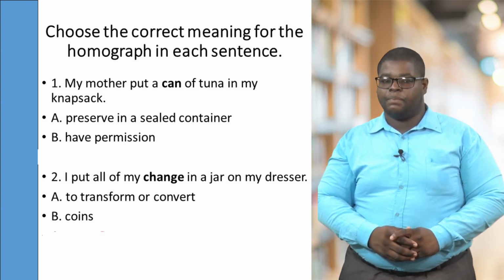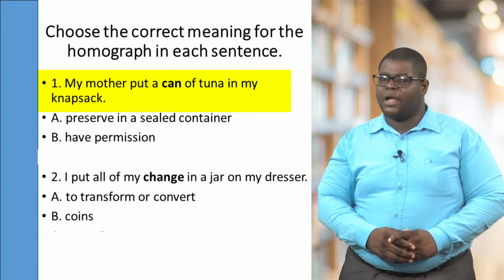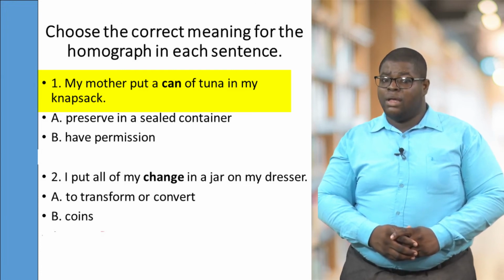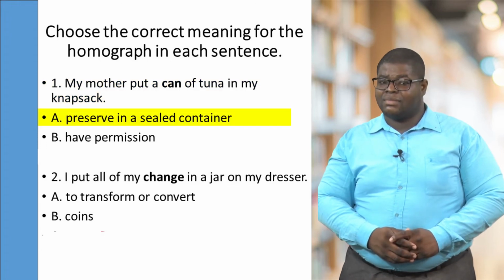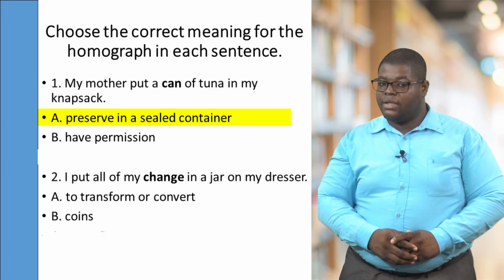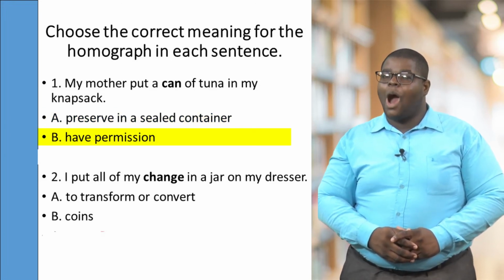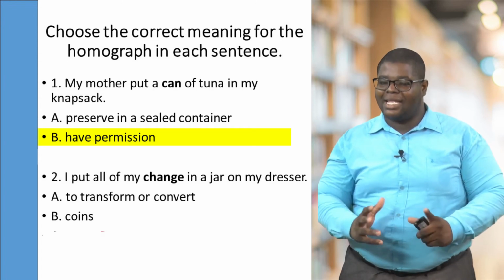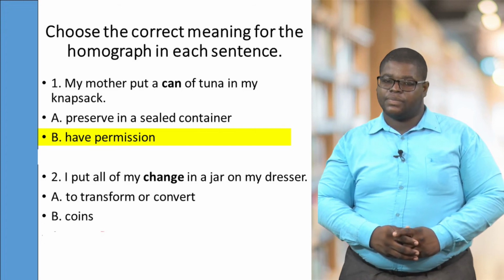Let's dive in. My mother put a can of tuna in my lunch pack. A. Preserve in a sealed container. B. Have permission. So how is the word can used in the context of this sentence?